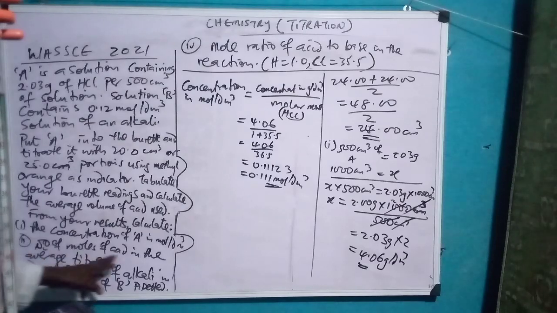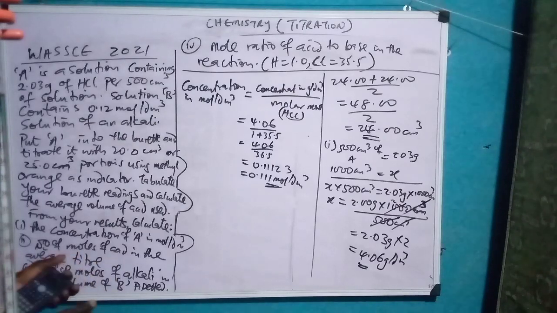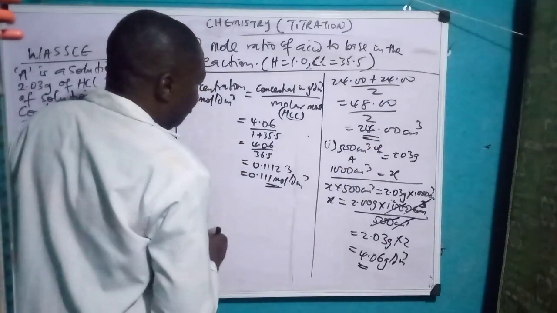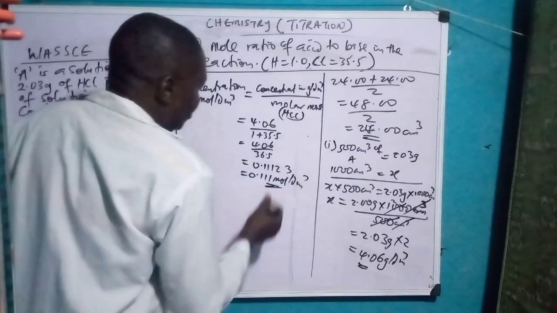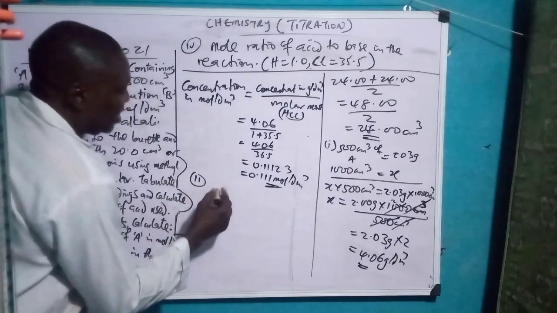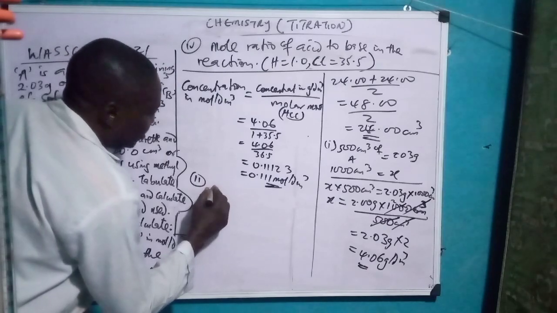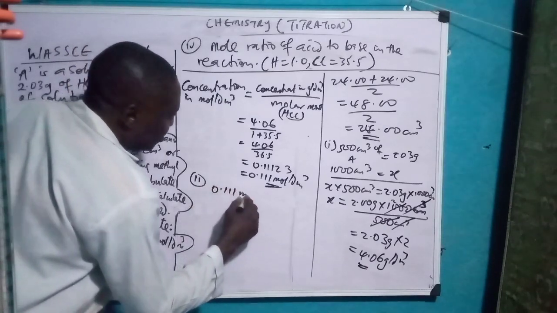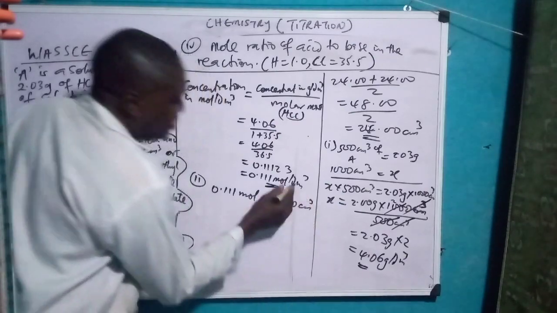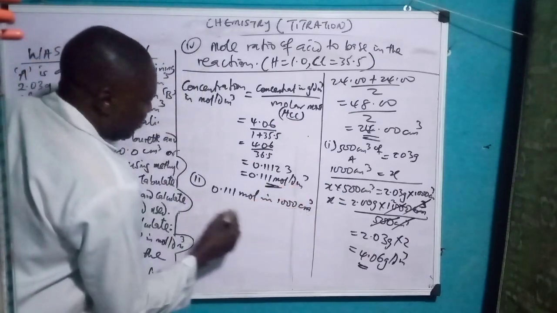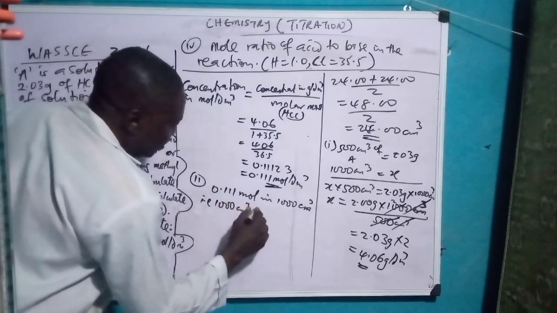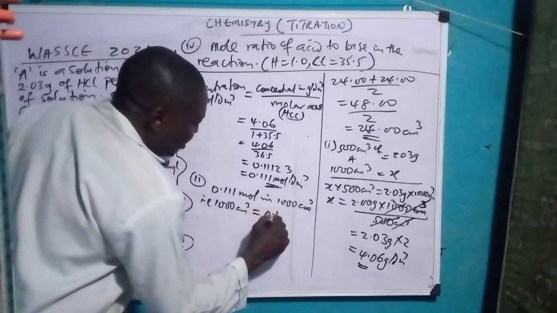Second one, number of moles of acid in the average titer. Remember, the average titer is 24.0 cm³. Number of moles of acid. This is Roman figure 2. You say 0.111 mole in 1000 cm³. Remember, dm³ means 1000 cm³. Therefore, 1000 cm³ contains 0.111 mole.